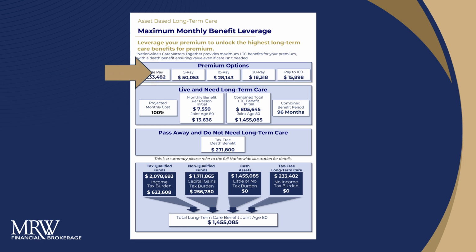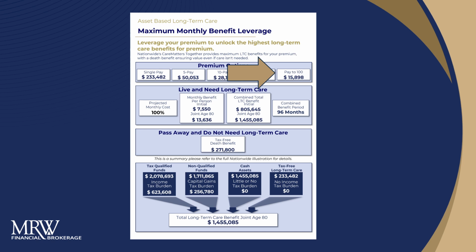10 years at a rate of $28,143 a year. A 20 pay at $18,318, or a pay to age 100 of the older insured of $15,898. And one of the questions people always ask is, what if I go on claim while I'm still paying the premium? Well, the benefits are completely vested from day one, and there is a joint waiver of premium.